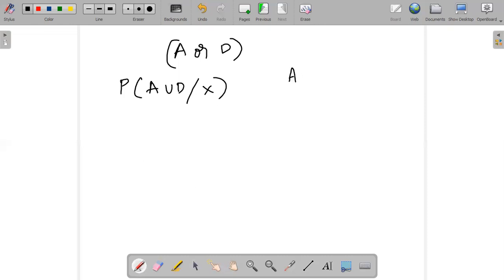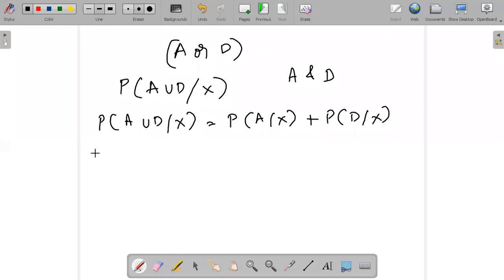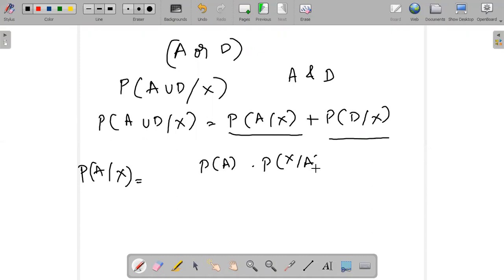Since A and D are mutually exclusive, let us find P of A given X, and afterwards P of D given X. So P of A given X, by using Bayes' theorem, is P of A, P of X given A, divided by the summation of P of A, P of X given A, and so on.